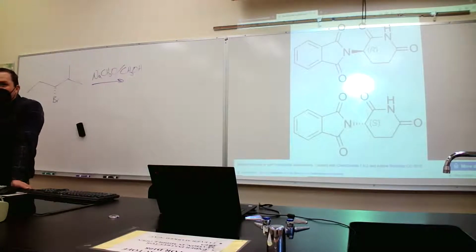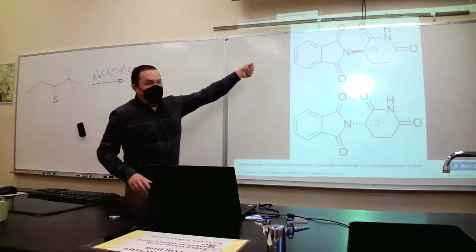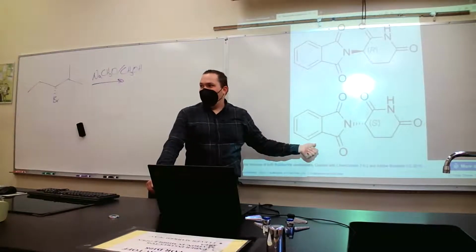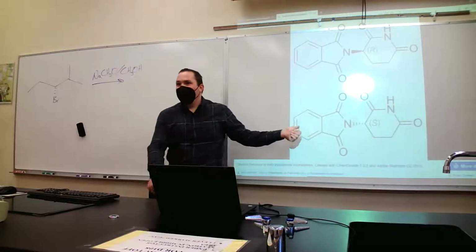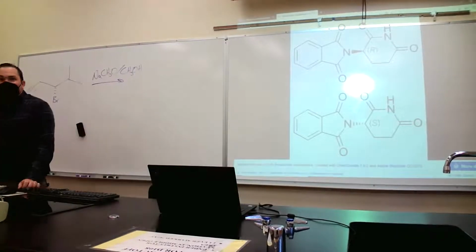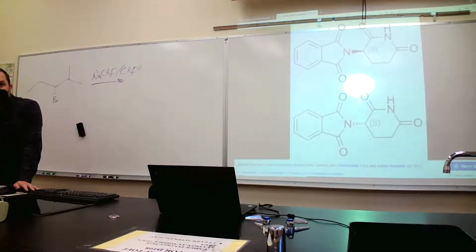So they were actually prescribing it as the racemic mixture of R and S. And so, in addition to being really effective at knocking down the nausea, it also stunted the cell growth of the fetus.